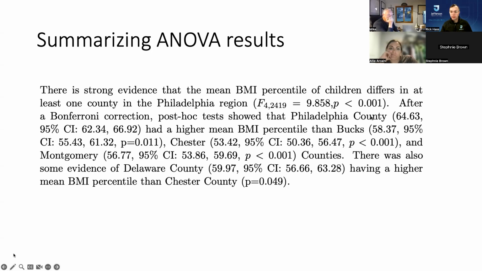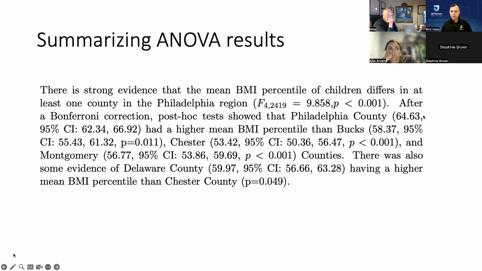You say, okay, Philly, here's its mean and confidence interval, is higher than Bucks, Chester, and Montgomery. Also, you would notice that Delaware and Chester County were different. When you're reporting post hoc tests, we don't exhaustively report the tests that don't turn out to be significant.